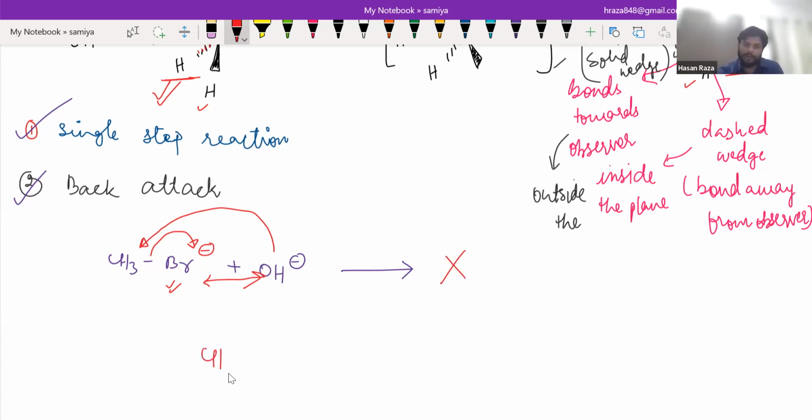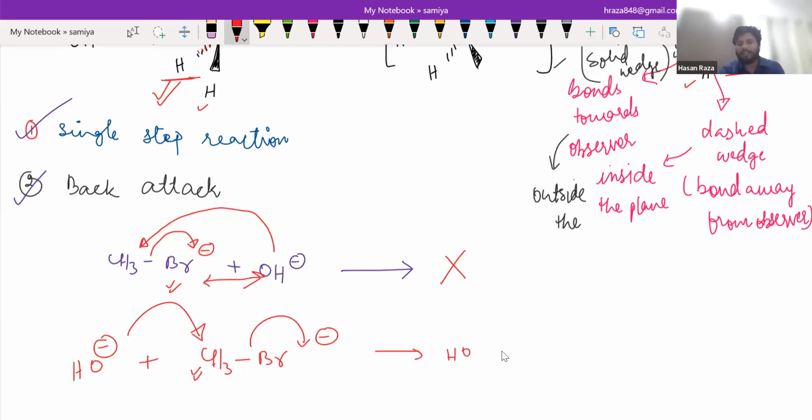If OH minus attacks from the back, Br will go negative and the carbon will have a positive charge. So OH minus can easily attack this carbon, and this product will form. That's why in the SN2 reaction, back attack is the only option.